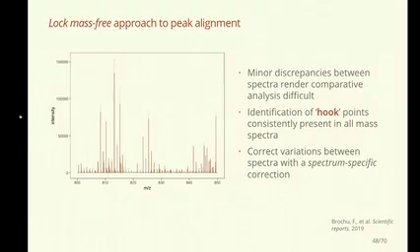So with these hook points always present, for all of the peaks in between we can do linear corrections between these hook points to correct these slight discrepancies between the spectra, to aid us in this comparative analysis, and then maybe do machine learning or something else.